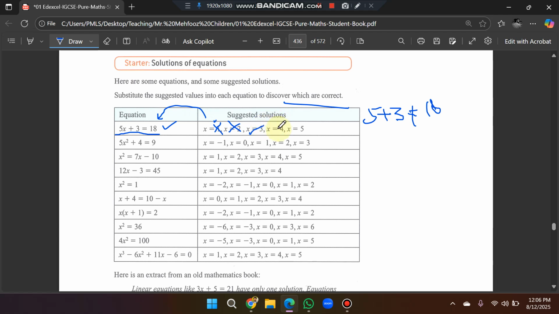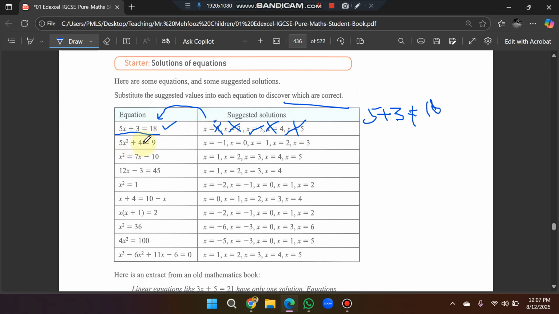When you put x is equals to 4, your answer will be 23 is equals to 18. That is not true. And when you put x is equals to 5, you again have 28 is equals to 18. So this is also not your solution, right? This is your equation 1 solution, that is 3.